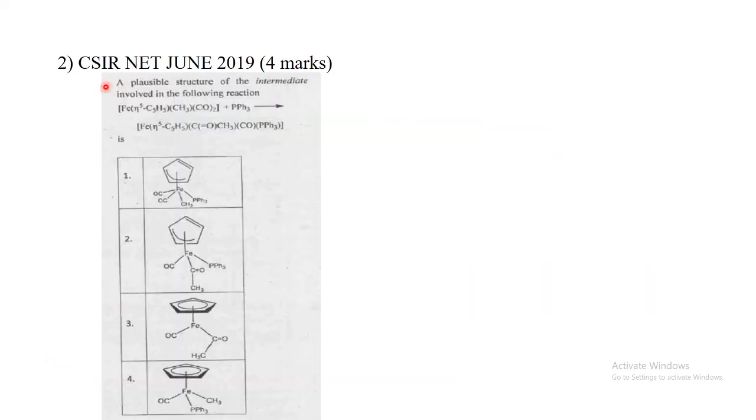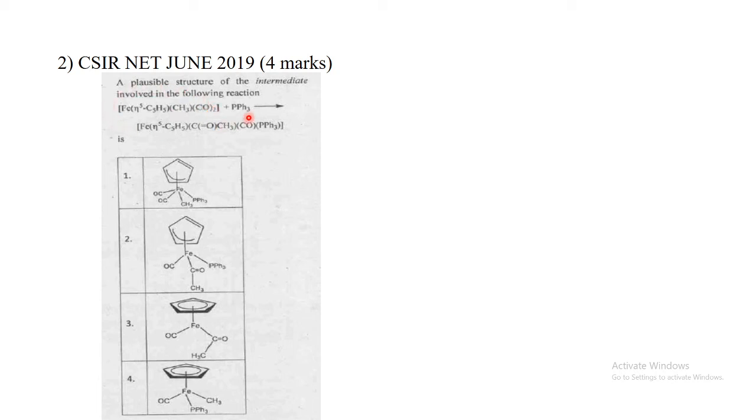The next question. We have been given a reaction, and we must find a plausible structure of the intermediate involved in the following reaction. This is an organometallic compound of iron. We have one cyclopentadienyl ligand, one methyl ligand and 2 carbonyl ligands.